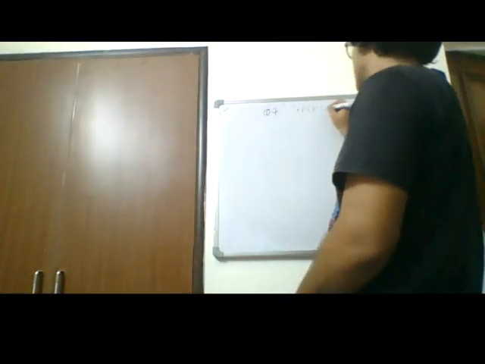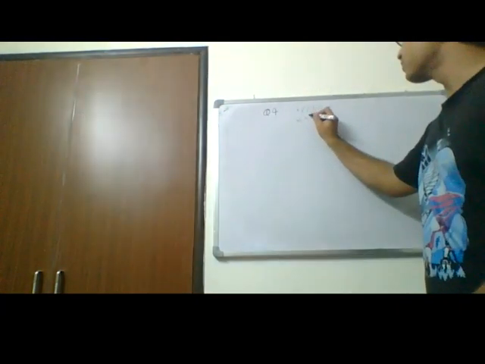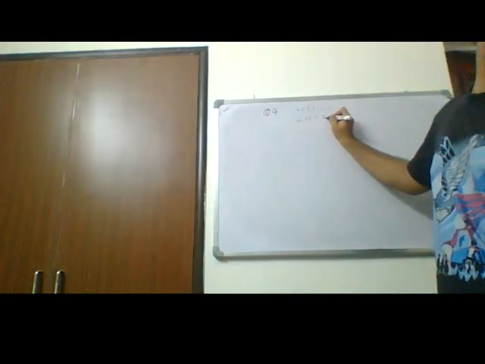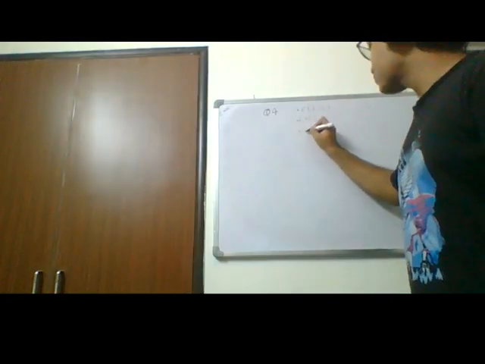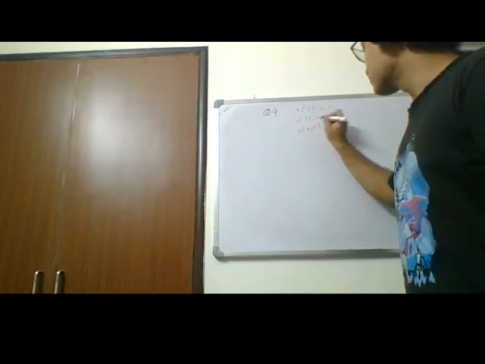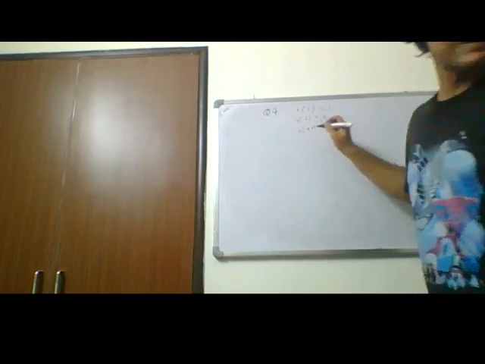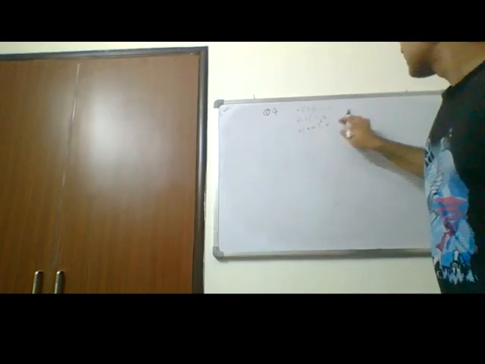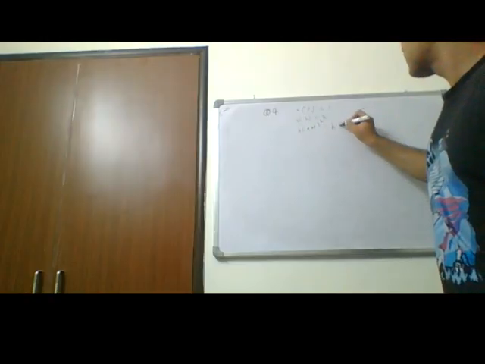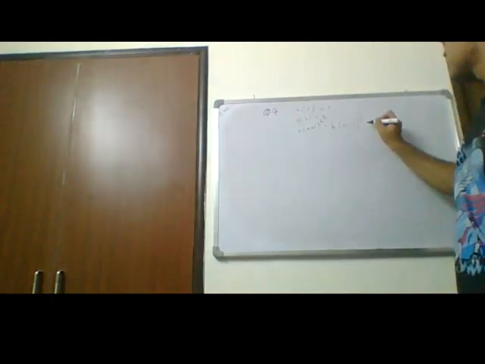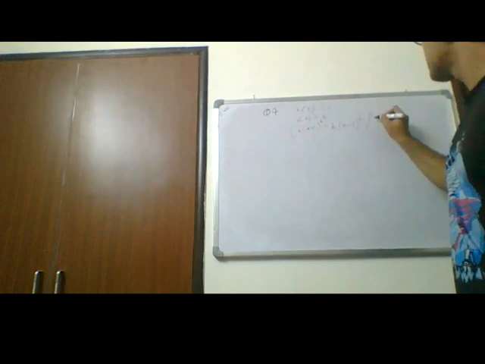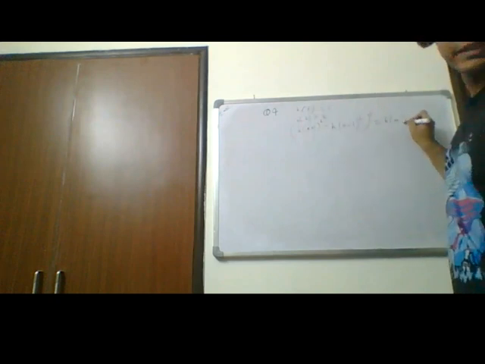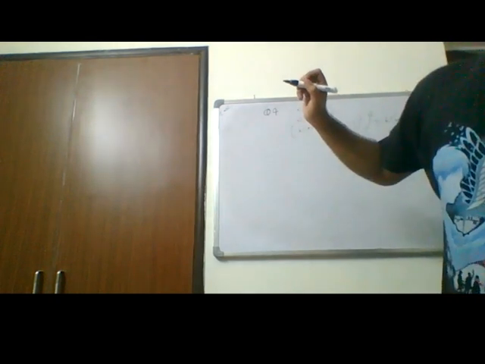So H1 is 1. H2 is 2. And H of n plus 1 whole square. There's no whole square yet.